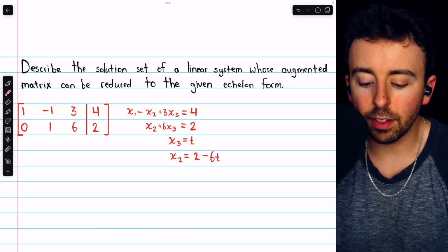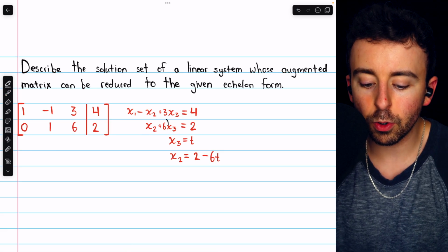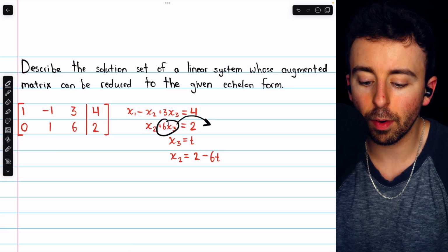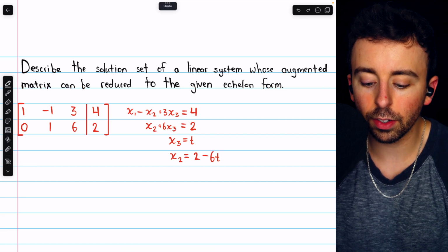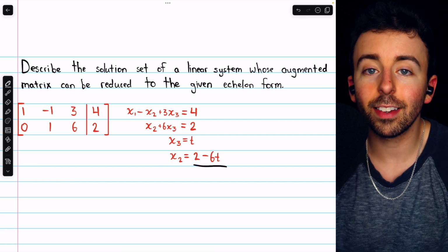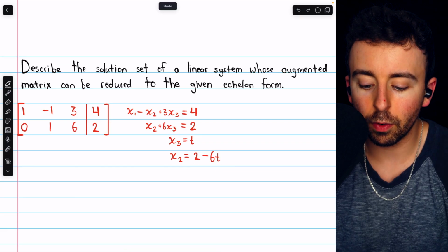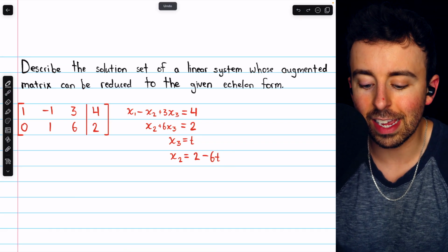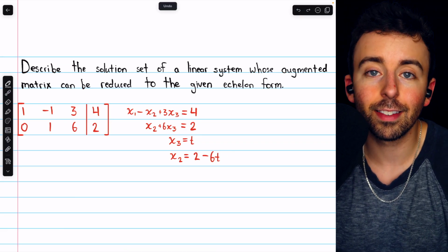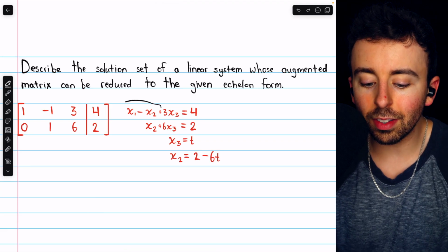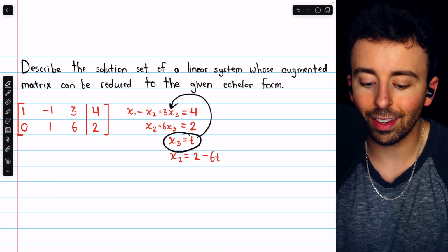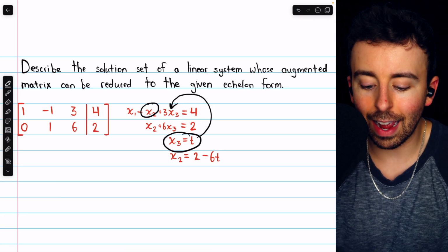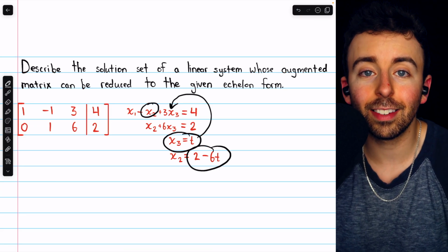If x3 is equal to t, then from equation 2, we can subtract 6x3 from both sides, and thus have that x2 equals 2 minus 6x3. But of course, x3 is just t, so 2 minus 6t. Now we can do a similar thing with equation 1. We can replace x3 with t, and we can replace x2 with 2 minus 6t.